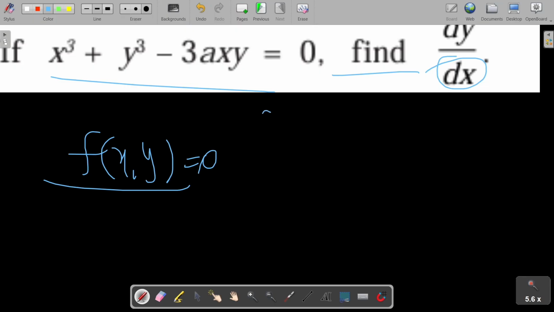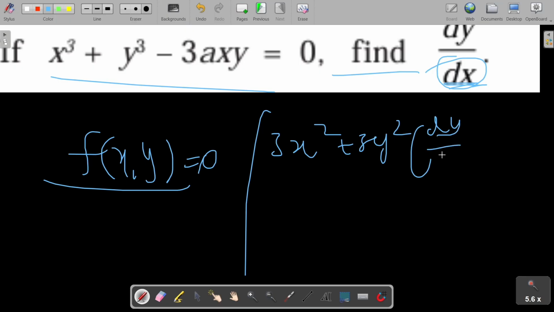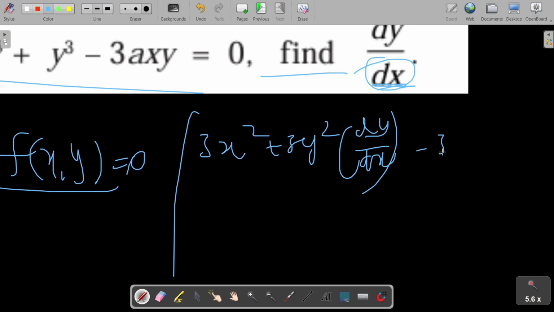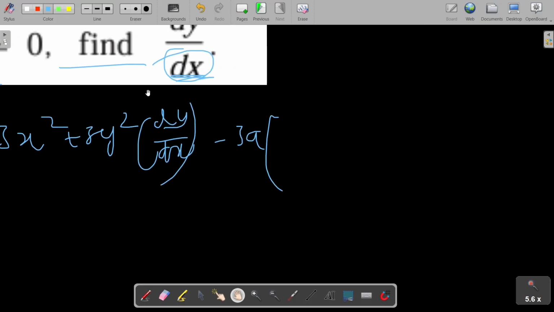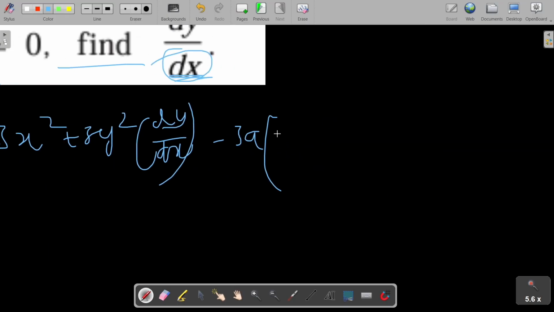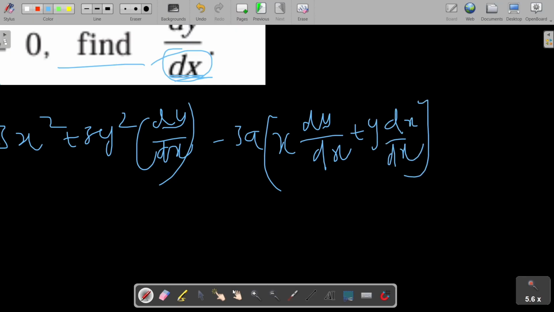This becomes 3x squared plus 3y squared times dy over dx using chain rule, minus 3a, where a is constant, times the product of two variables, so this becomes product rule: x times dy over dx plus y times dx over dx. dx over dx is basically 1. On the right side we have 0.